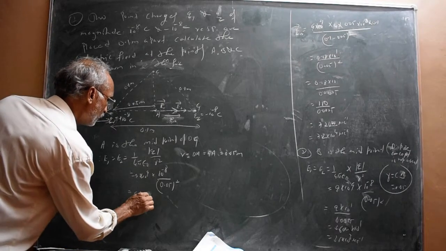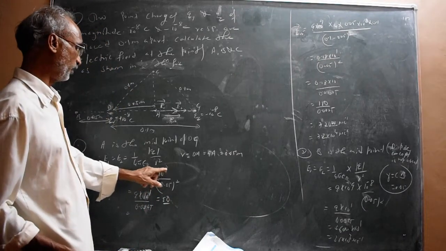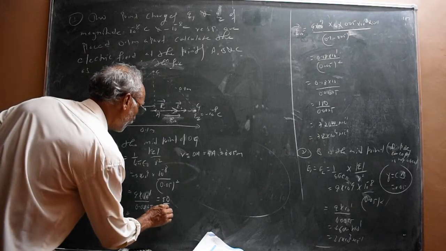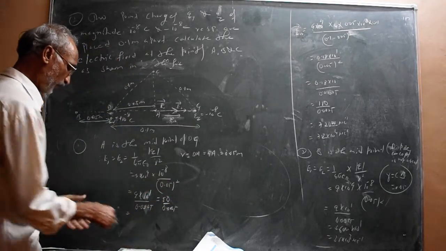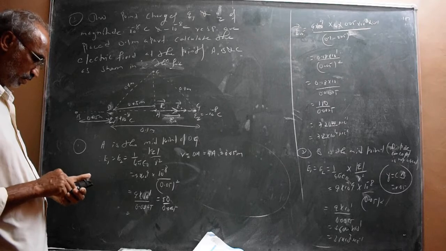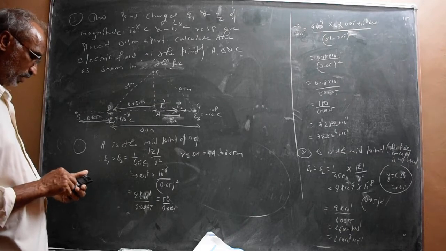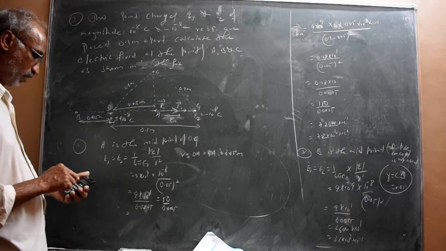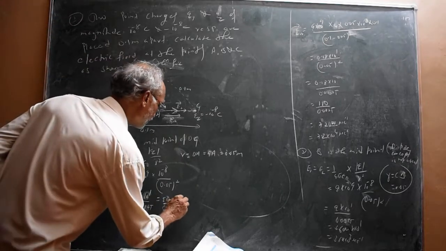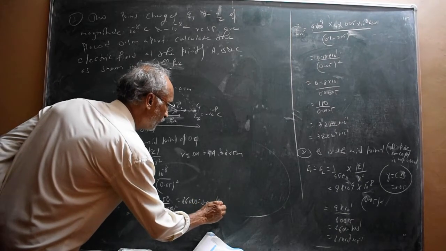That is equal to 36,000. Yes, it is. 36,000 means 3.6 into 10 to the power of 4.